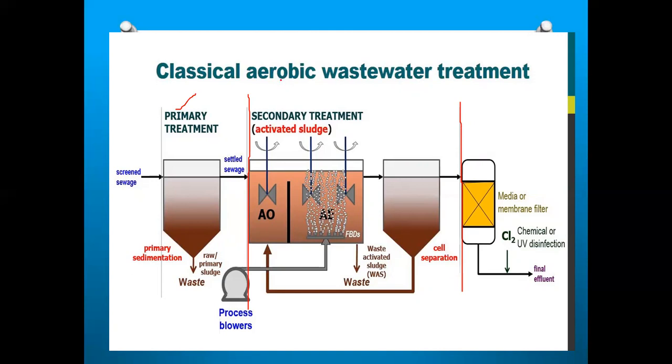In the aerobic waste treatment process, the water coming from the primary treatment, that is the primary effluent, is going into the aeration chamber. See here, the aeration chamber. These waters are skimmed. The oxygen we are providing comes from the process blowers, so with the motor, the oxygen is going inside this water.